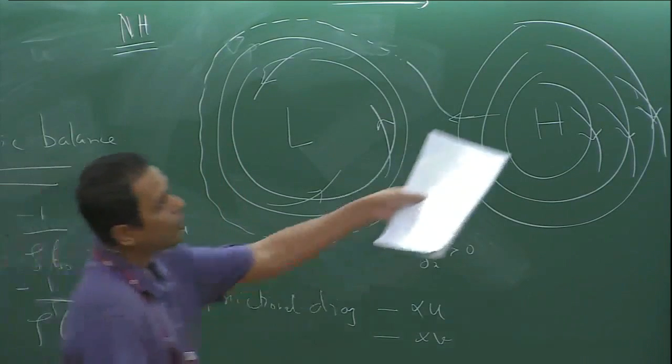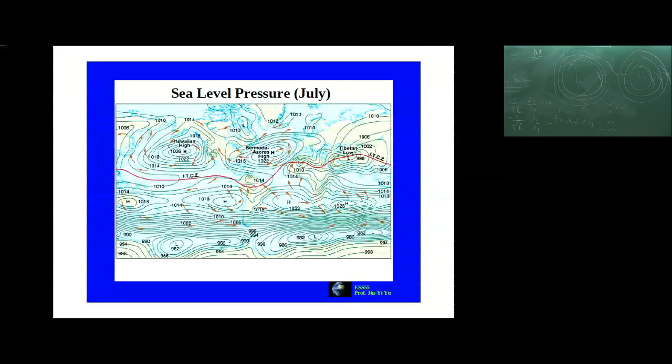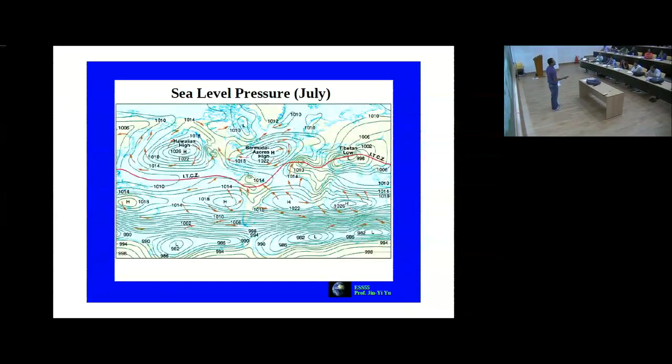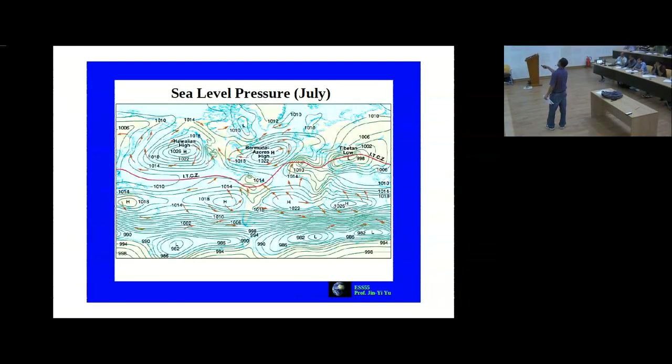Now we say, what do we see? This is the map of sea level pressure and the velocity fields in the month of July. You have averaged many Julys. Look at, say, for example, the Pacific. You have a huge high pressure system here, another high pressure system here. These are sometimes called the subtropical highs associated with the atmosphere. They have names such as the Hawaiian high and so on that you don't have to worry about.